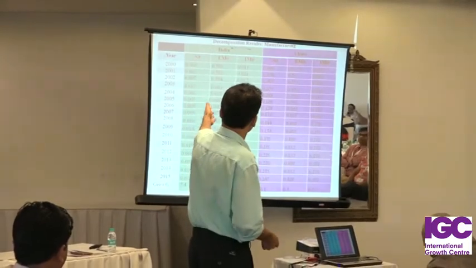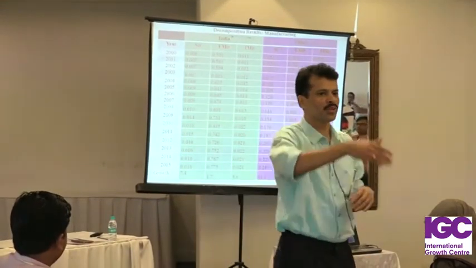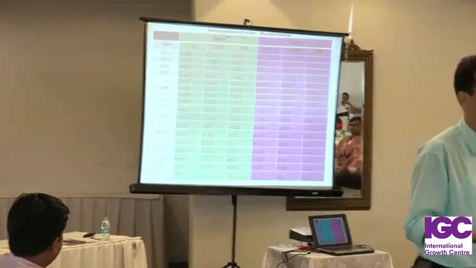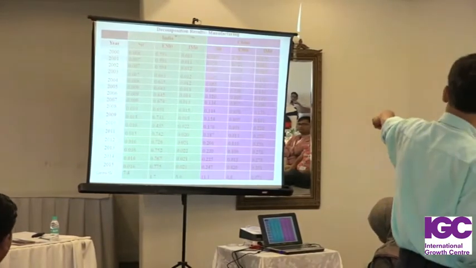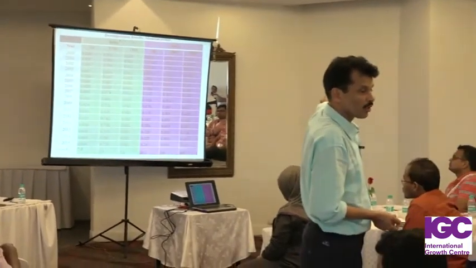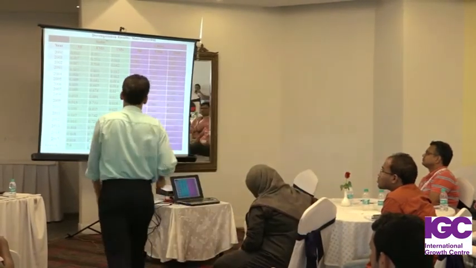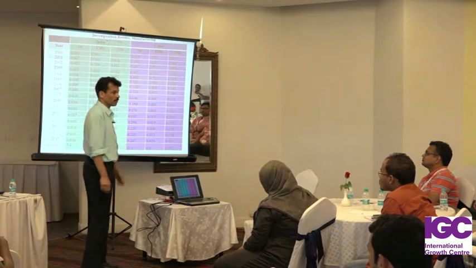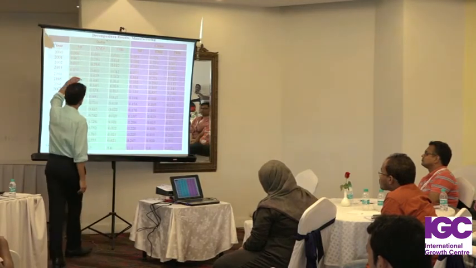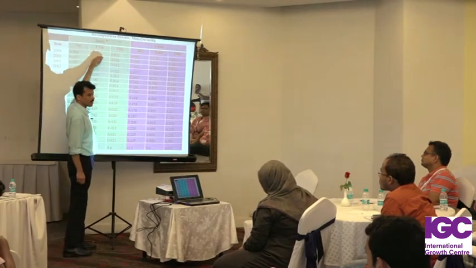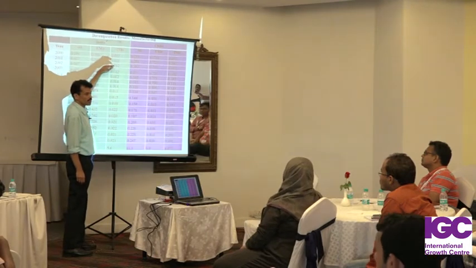You can see that that is very small for India. For China, it is very big. It is 25% for the last year. India, it is about 1.6%, very small.